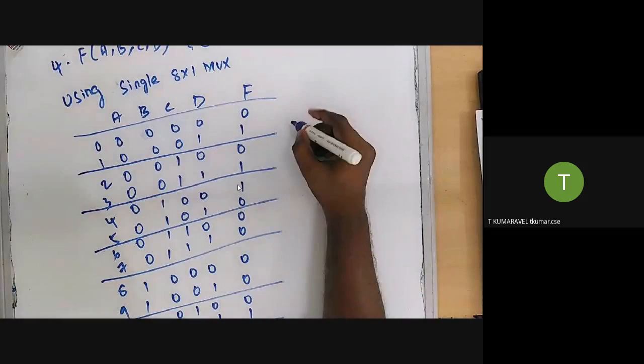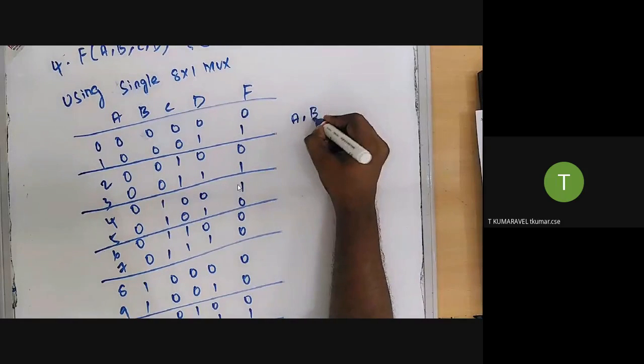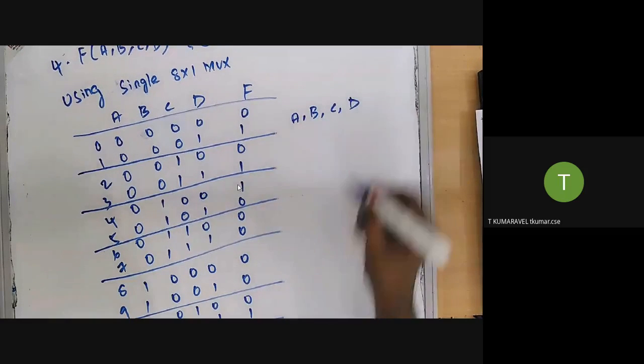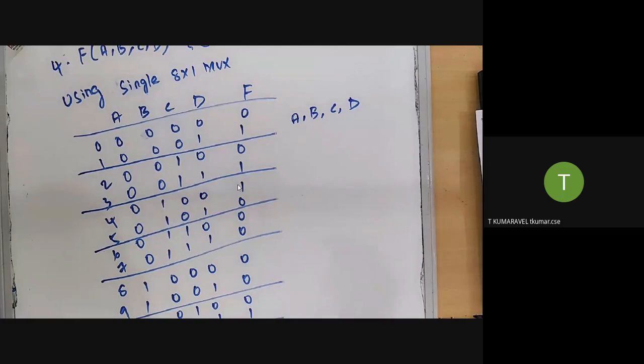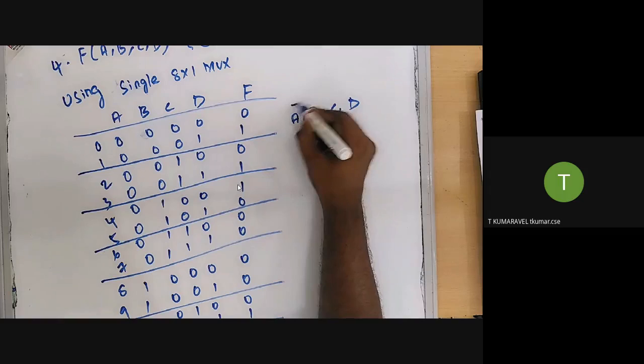Here four variables are available: A, B, C, D. Among the four variables, some act as control lines and some act as data lines. Normally the control lines are selected from MSB to LSB.